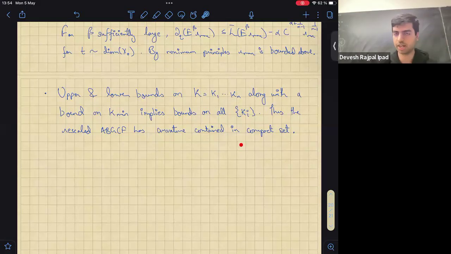And using entropy methods, one can also prove that the self-similar solutions of this flow are the same as the self-similar solutions of the original Gauss curvature flow, because they both share the same entropy. And you can look at the flow where the entropy doesn't change, which corresponds to the original self-similar solutions.